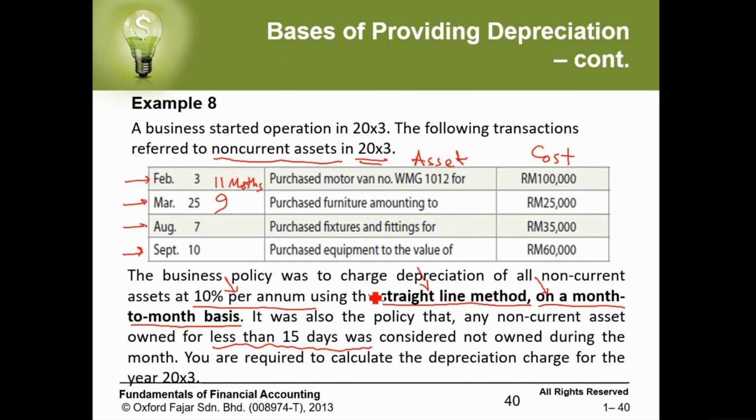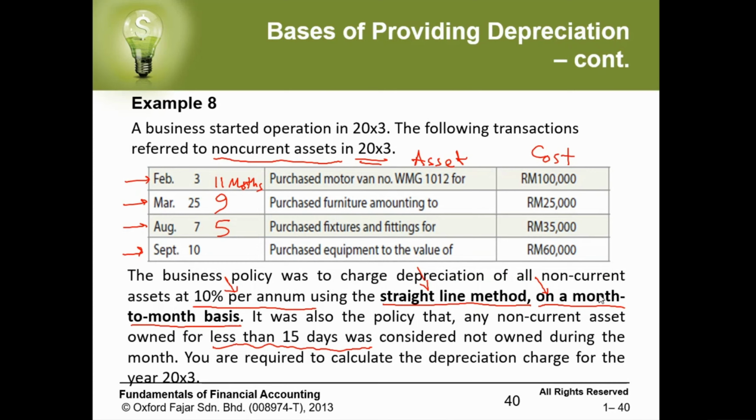Asset number 4, how many months? Sorry, asset 3. Asset 3, 5 months: August, September, October, November, and December. Yes, it is 5 months. Then the last one?